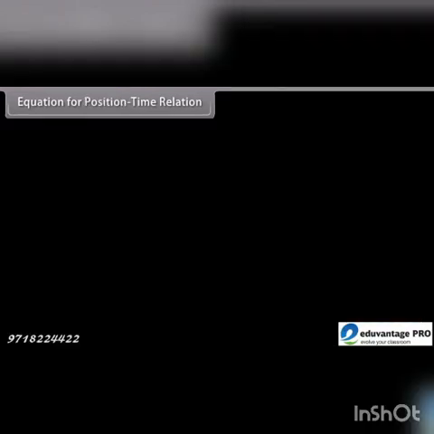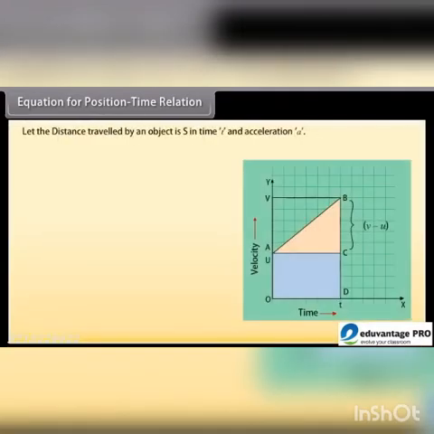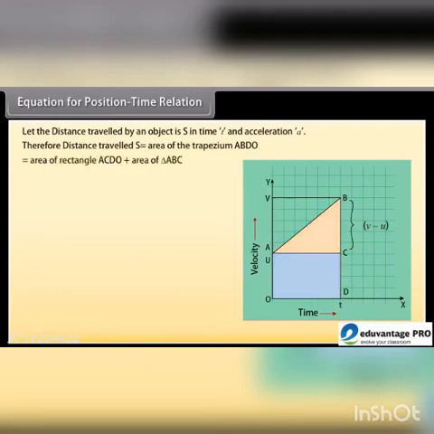Equation for position-time relation. Let the distance travelled by an object be s in time t with acceleration a. We can see that the distance travelled by the object is obtained by the area enclosed within the graph. Therefore, distance travelled s is equal to the area of the trapezium ABDO, which equals the area of rectangle ACDO plus the area of triangle ABC, which is equal to OD into OA plus 1 upon 2 BC into AC.